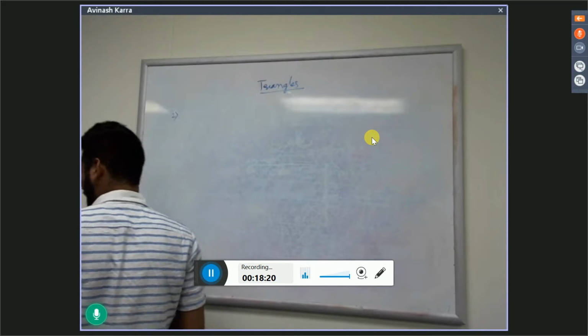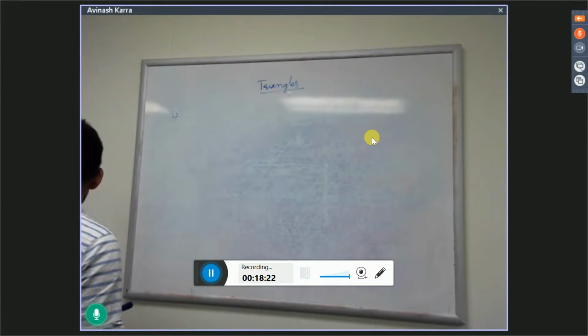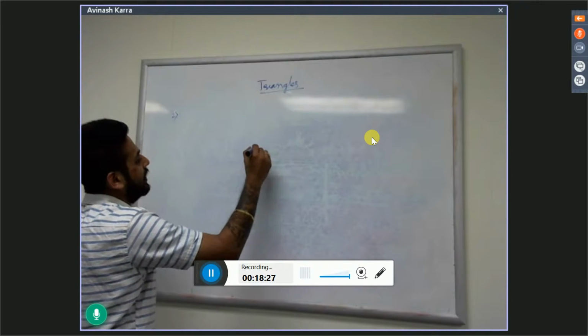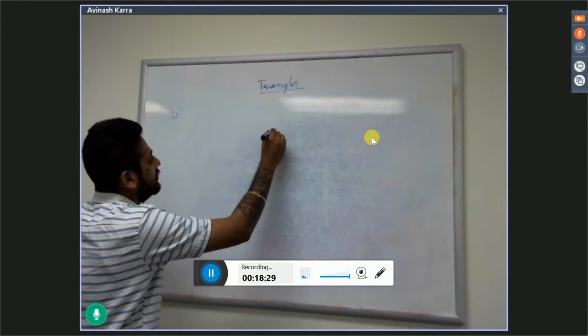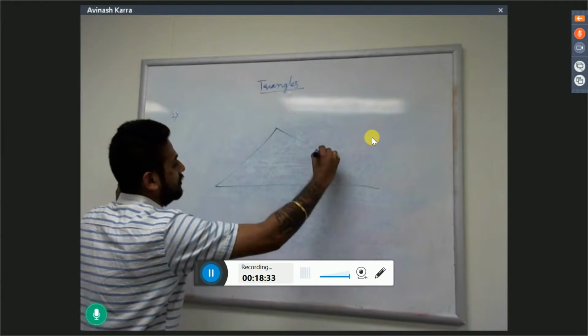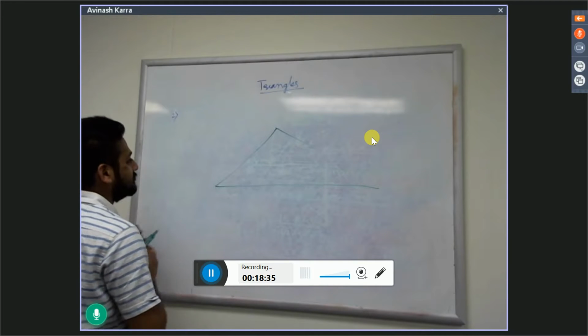And there are a few key points you need to remember. Like, the longest side is opposite to the larger angle. Before that, let me draw.